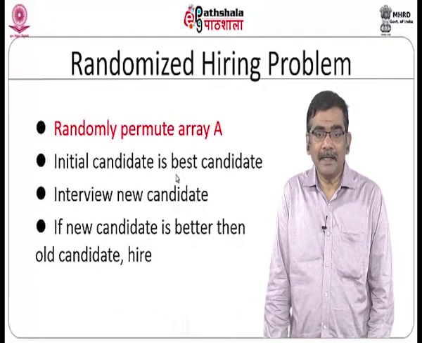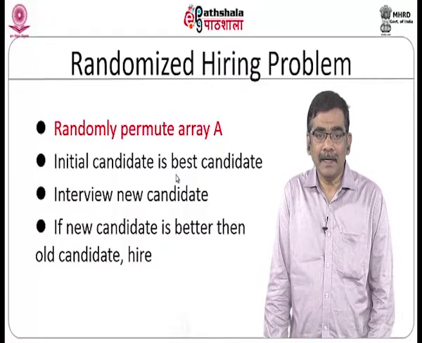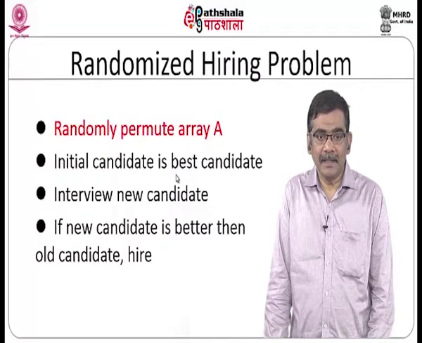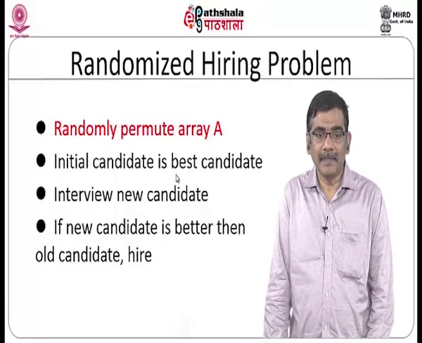In a randomized algorithm, how will you proceed? You will permute the array. That means you will shuffle the candidates, then assume that the initial candidate is the best candidate, then interview a new candidate. If the new candidate is better than the old candidate, then you hire.